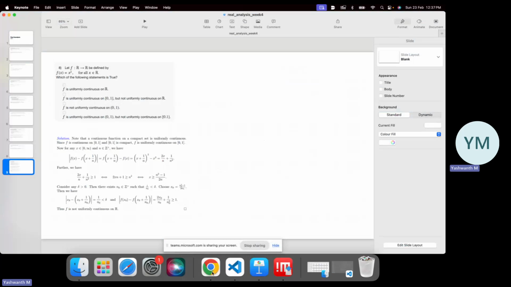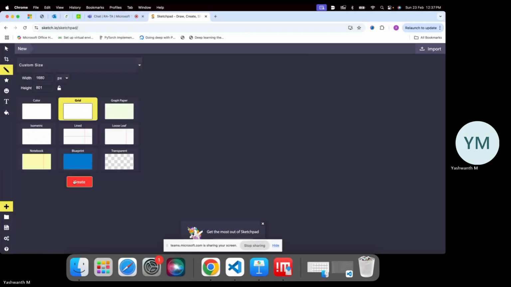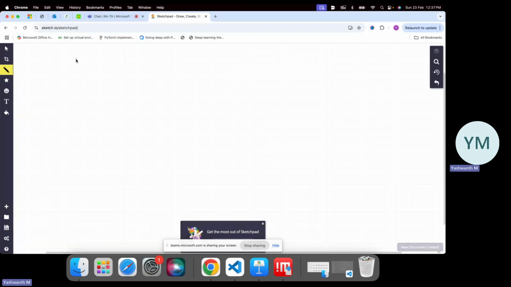The thing is, f maps R to R and f(x) = x squared.